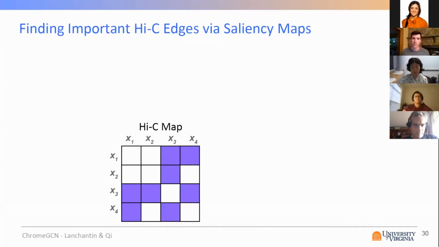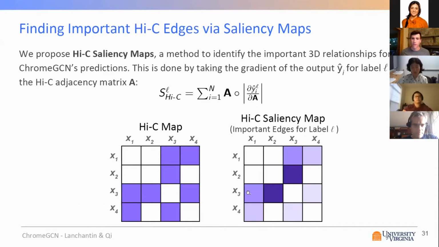So in other words, it just tells us where the contacts occur, but it doesn't tell us which chromatin elements are affected by those contacts. So we propose what we call Hi-C saliency maps, which is just a method to identify the important 3D relationship of the important contacts for ChromeGCN's predictions.